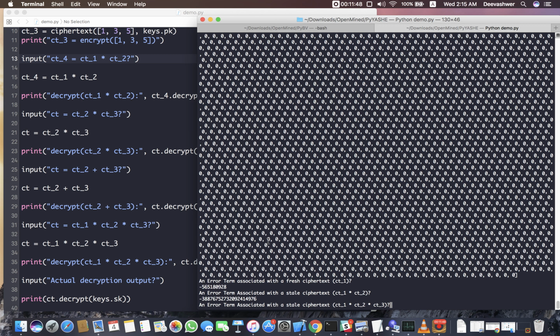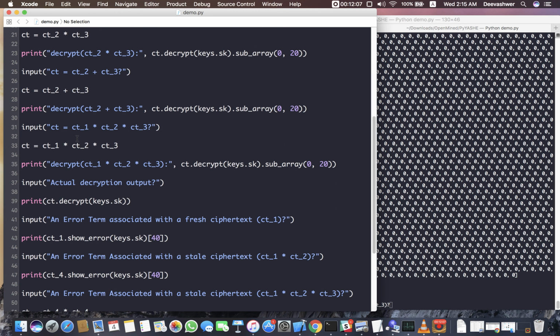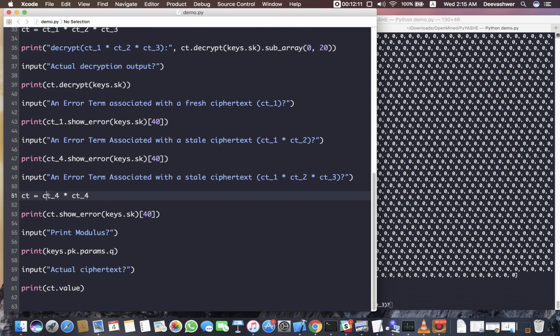Yeah, it actually did increase by a linear factor, but you are unable to see it because the linear factor is approximately equal to the magnitude of the error itself. So let's multiply it again. Here also we are actually doing CD4 times CD4, and CD4 was actually CD1 times CD2.